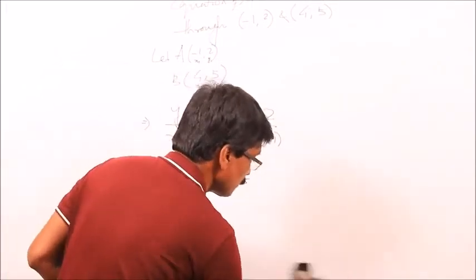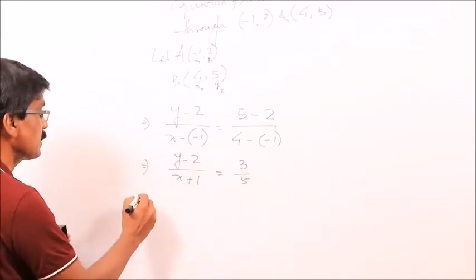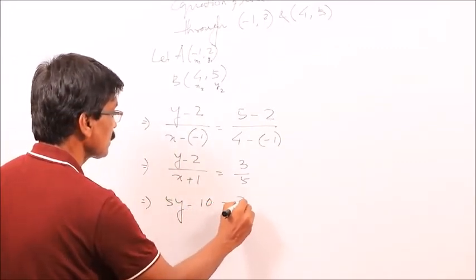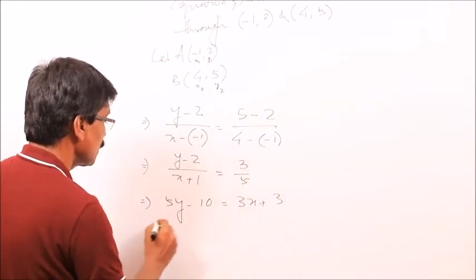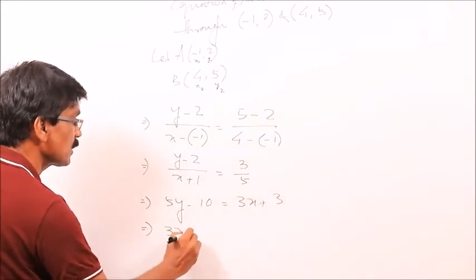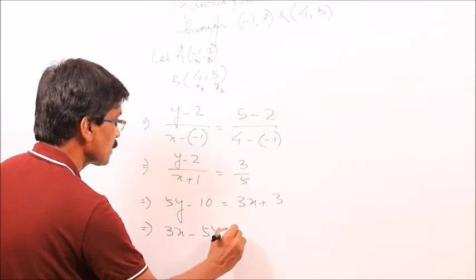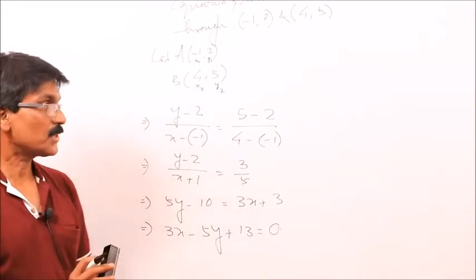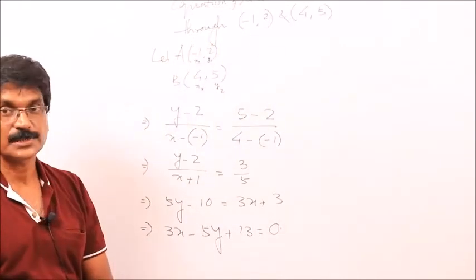So, we can simplify it, that is 5y minus 10 is equal to 3x plus 3, or that is 3x minus 5y plus 13 is equal to 0. So, this is equation of line through these 2 given points.